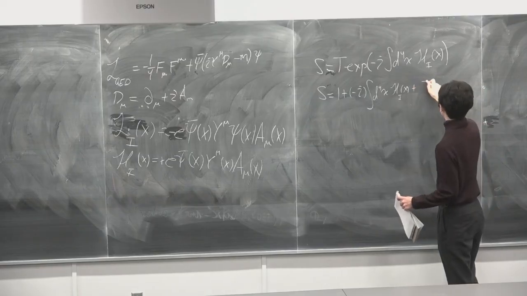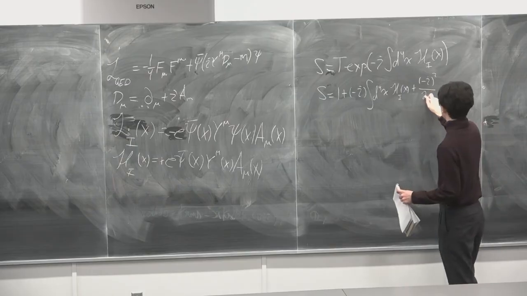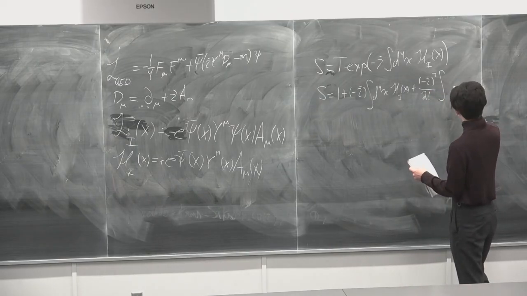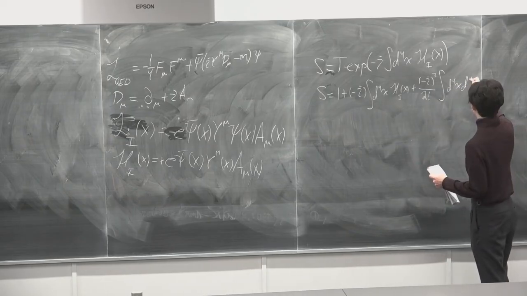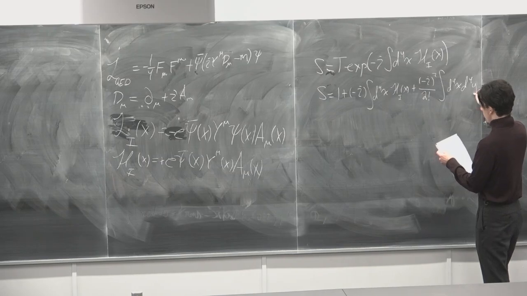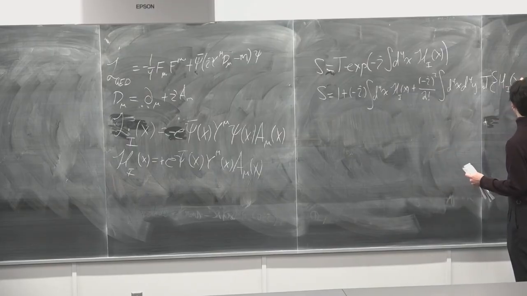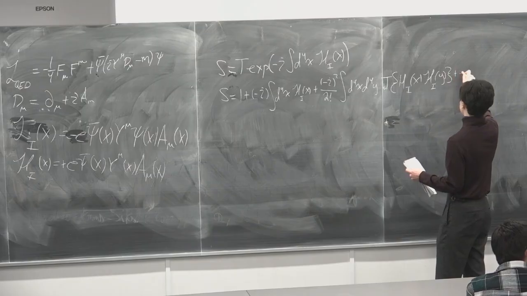Plus (minus i)^2 over 2 factorial, this is long, I apologize, integral d^4x d^4y T H_I(x) H_I(y), and then you can go to higher order terms.